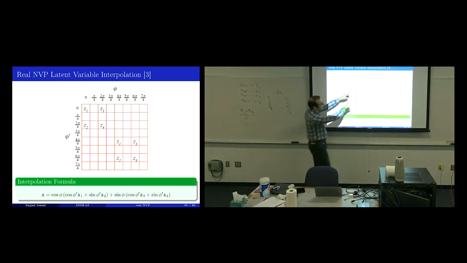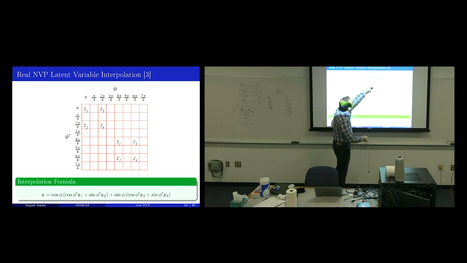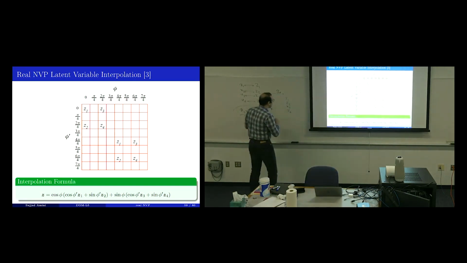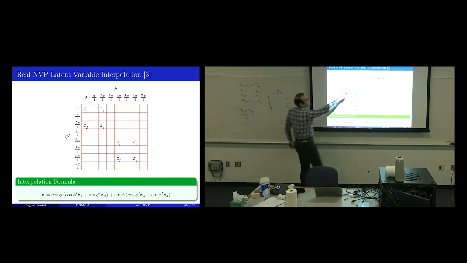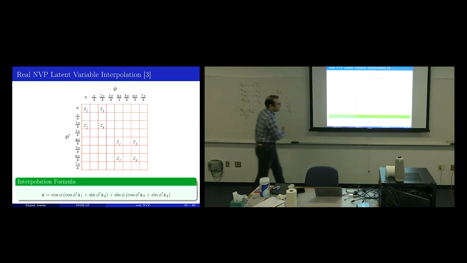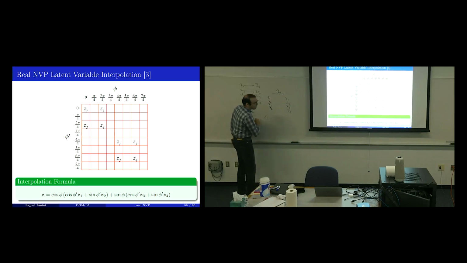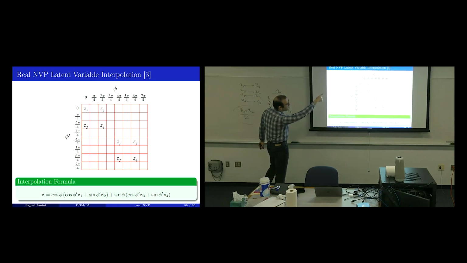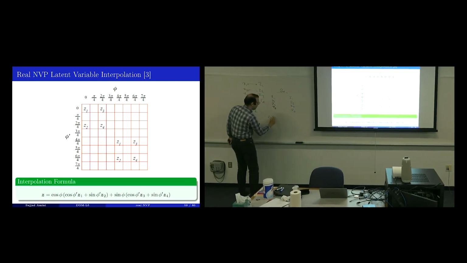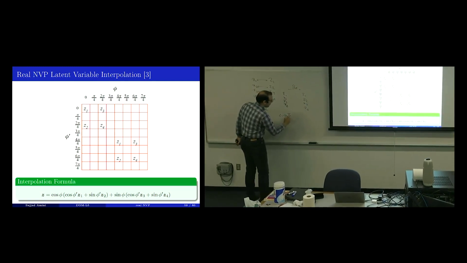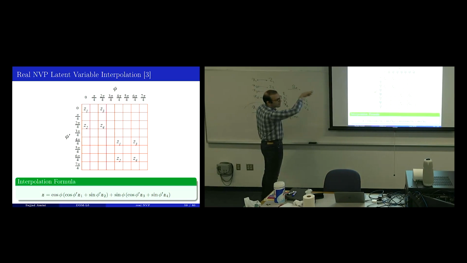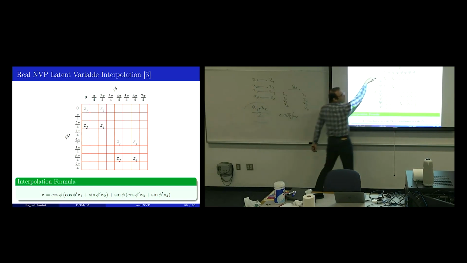Then I put it in this grid and start filling the blank space. How? For example, for this space, I fill it as this. Z equals the cosine of pi over 4 times sine of 0, because the other axis is 0.